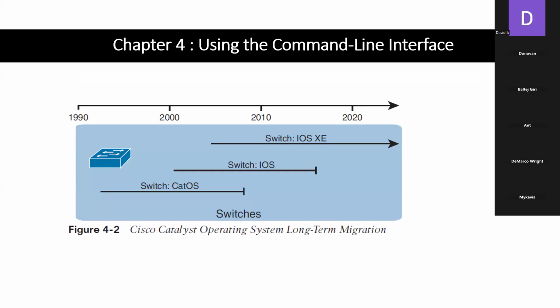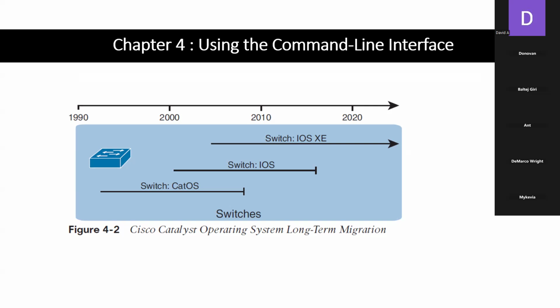But there was a migration starting within 2001, 2002, where Cisco wanted to implement the idea of iOS. Moving to iOS, they began creating enterprise class routers and switches that use the same command line.